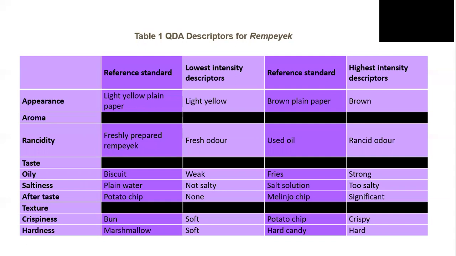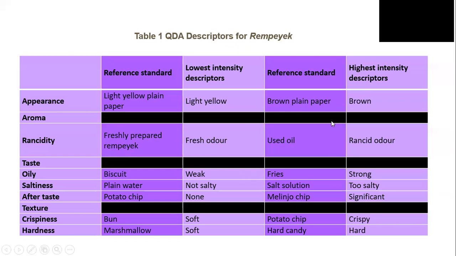It's not stored rempeyek. So the panel leader and their team need to provide this freshly prepared rempeyek on that table so that everybody can see and taste. This is how we agree. This is how we describe fresh odor. So everybody agrees. All right.